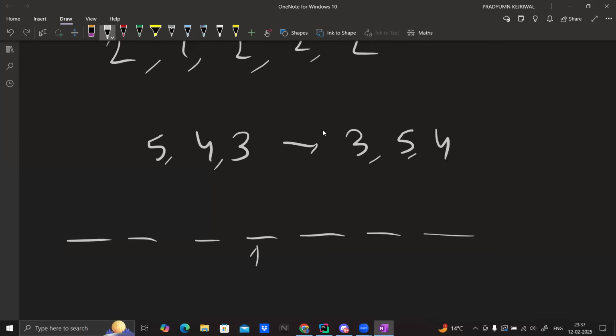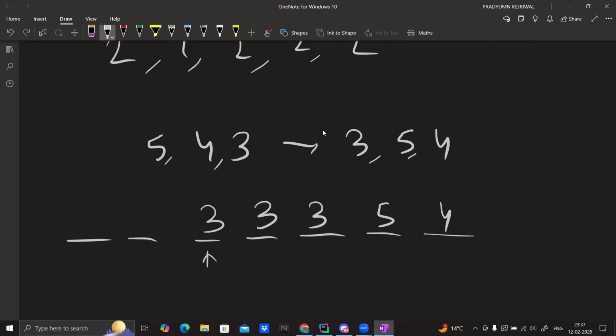So let's say that is here. Then you will apply 3, 5, 4 right here. Or let's say there was 4 here. So you applied 3, 5, 4, and a chain reaction will happen. So you will apply 3 here, and then 5, 4. So that's how you make the array A.